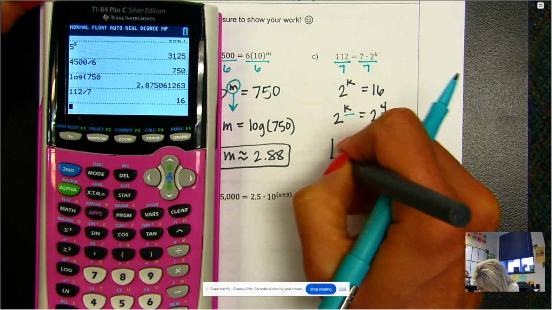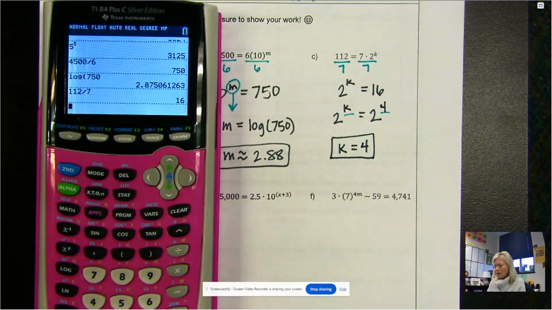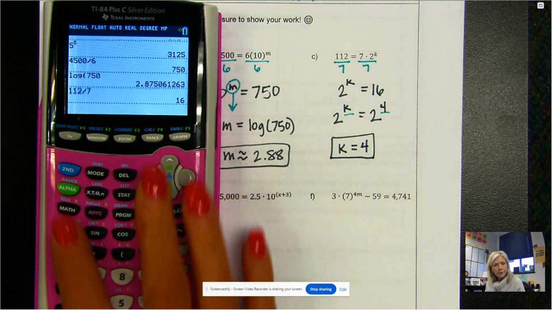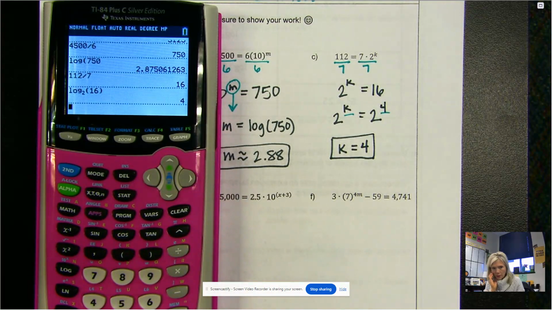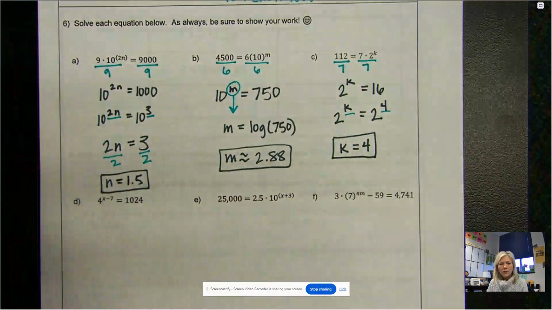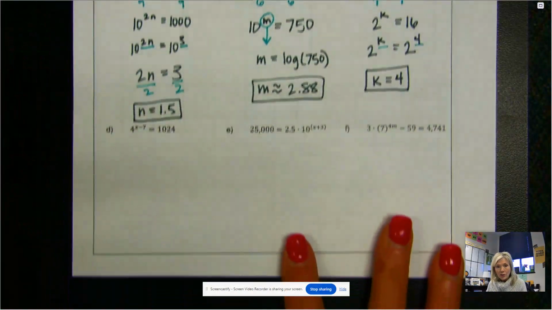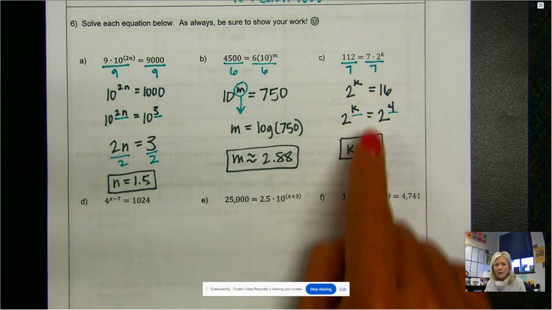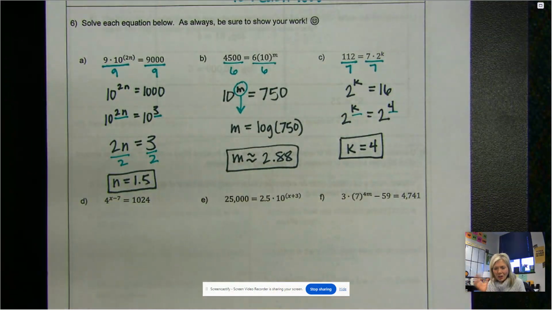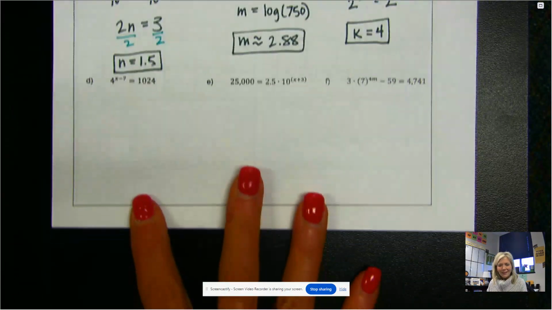K is equal to 4. If I didn't know that, I could have done the log base 2 of 16. And notice we also get 4 that way. Either strategy is fine. Just show your work. Show what strategy you're using. Don't just go 2 to the k equals 16, k equals 4. Show it in between.